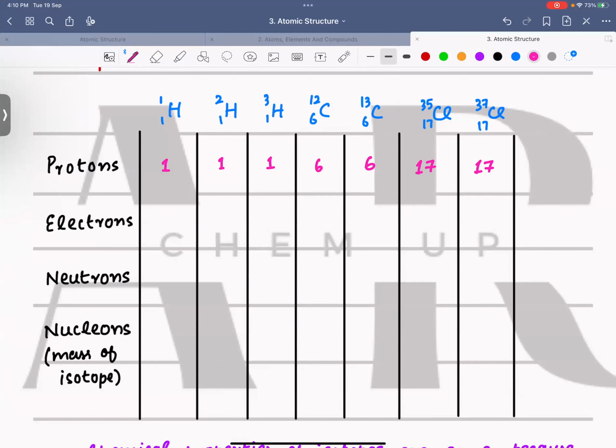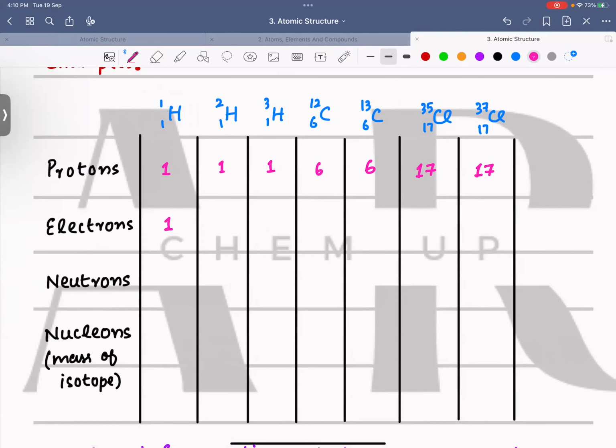Remember, if there is no charge on an atom, the number of electrons and the number of protons are the same. So there are going to be 1, 1, 1 for all three hydrogens, 6, 6 for both carbons, and for chlorine it is going to be 17.